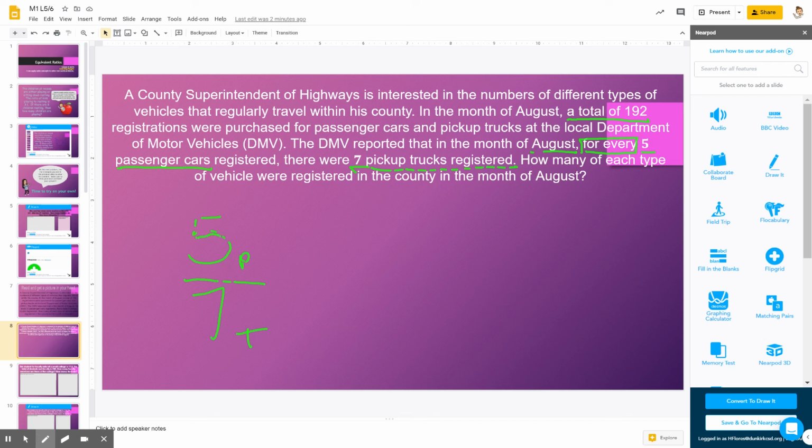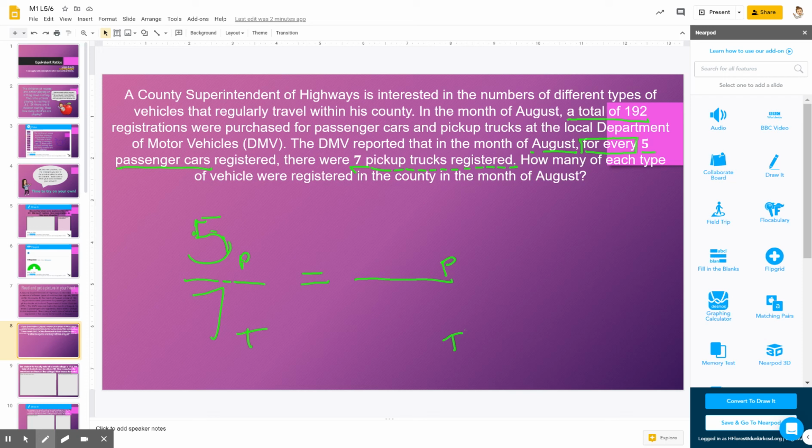I'm going to fix that 5. My screen must be a little glitchy. Okay. We know we're going to create an equivalent ratio. And we know in that ratio, this is going to represent the passenger cars, and this will represent the trucks because we keep cars with cars, trucks with trucks.